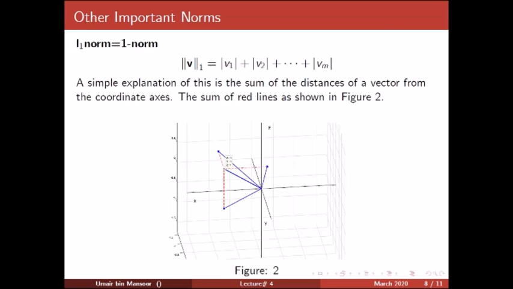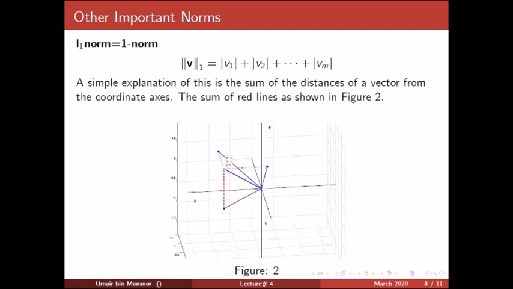So what does component mean? A simple explanation of this is the sum of the distances of a vector from the coordinate axes.